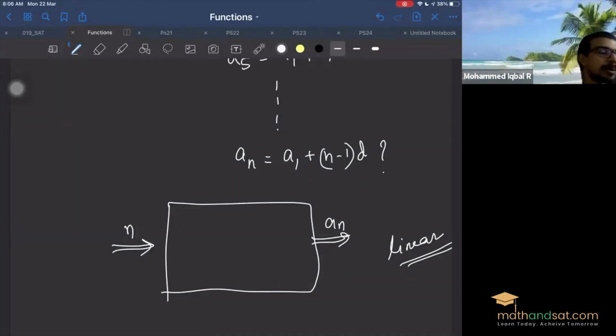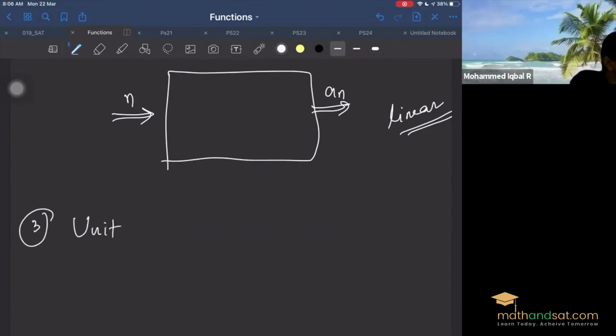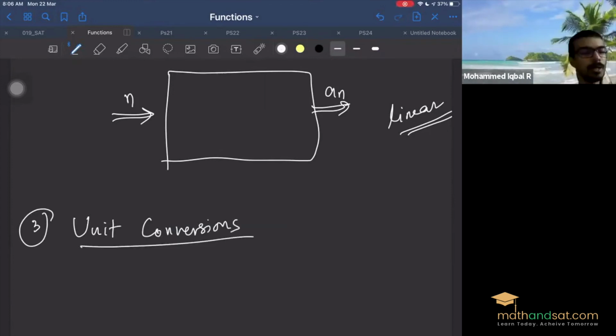Okay. Now another example of a linear function is unit conversions.